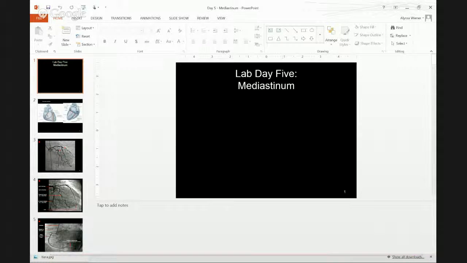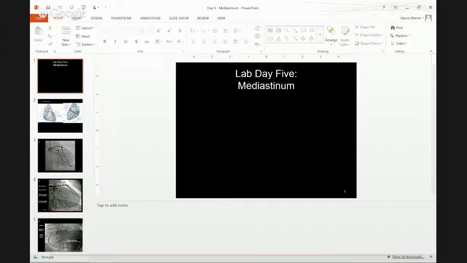So these vessels are very anterior in the chest wall. We're above the level of the heart. So let's try to think what these vessels could possibly be. You might be tempted to say that this one over here is the superior vena cava.